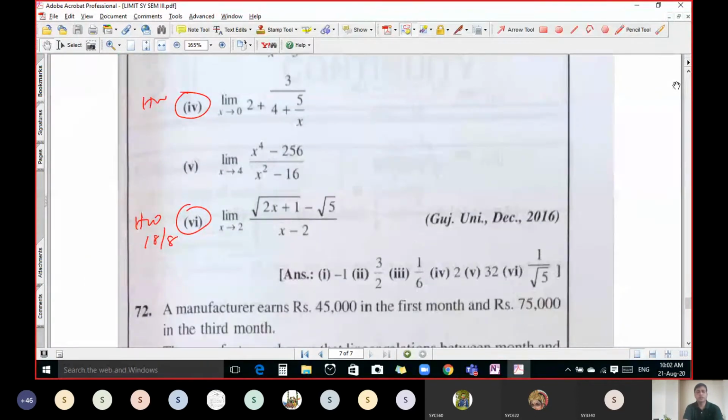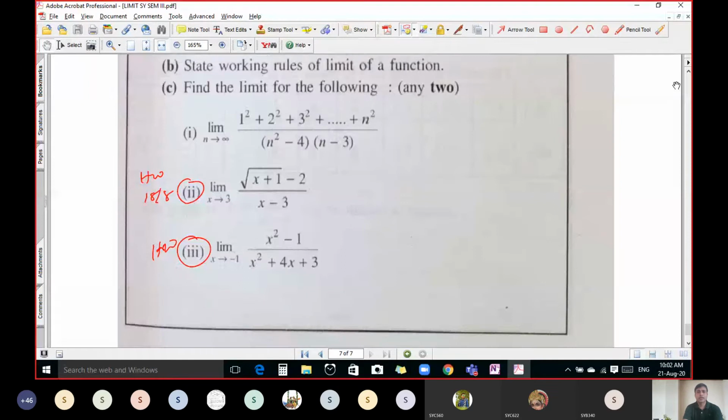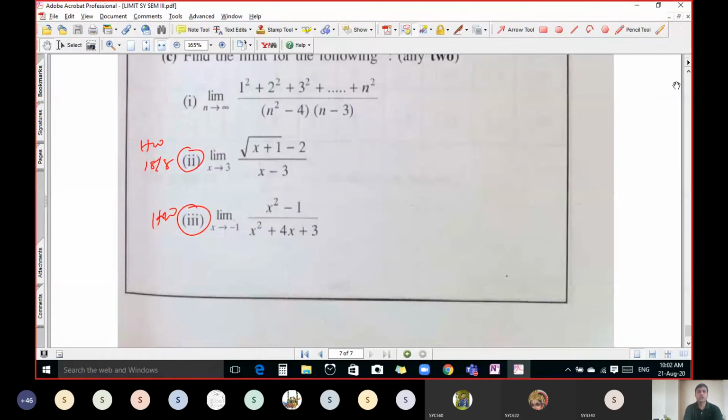Okay, 71, sixth one. Any doubt in any of these two?